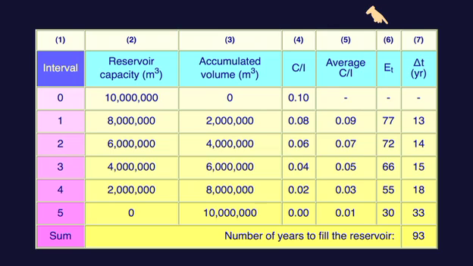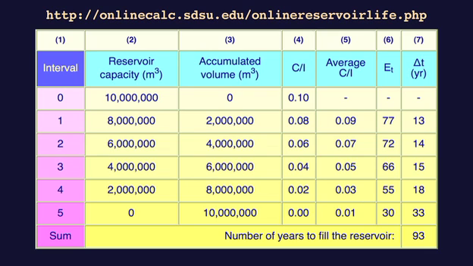Column 6 shows the trap efficiency obtained from the Brune curves for the average ratios of column 5 and the specified type of sediment. Column 7 shows the number of years that it takes to fill each interval of storage. The number of years to fill the reservoir is the sum of column 7, that is 93 years.